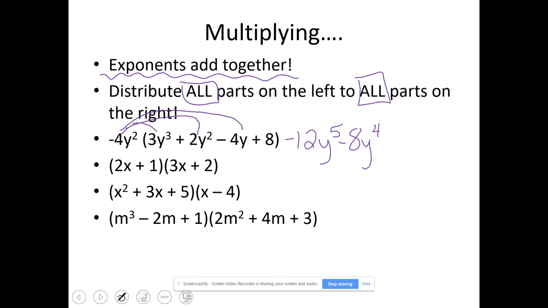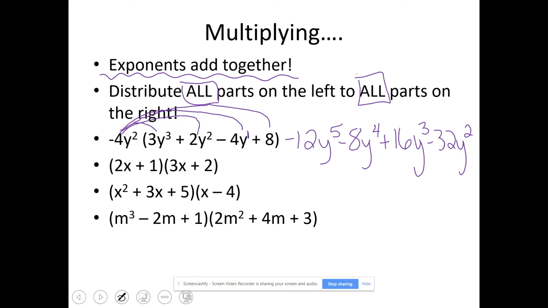Negative 4 times negative 4 is positive 16. There's 2y's in the front. Remember, this is y to the 1st. So 2 plus 1 is y cubed. And then negative 4 times positive 8 is negative 32y squared.